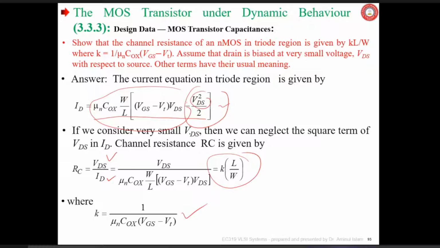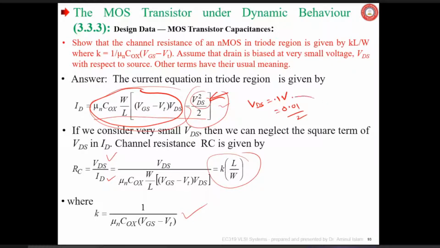If VDS is very small, then this square term can be neglected, and your current equation will remain up to this only. Suppose you have VDS equals 0.1 volt. If you square it, it's going to be 0.01 volt. If you divide by 2, it's reduced further.